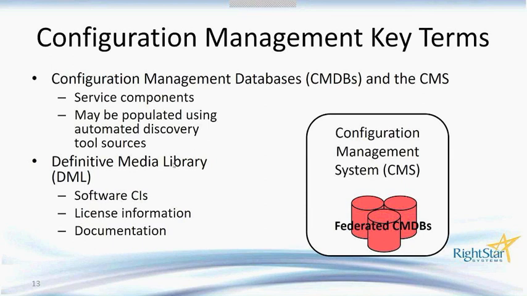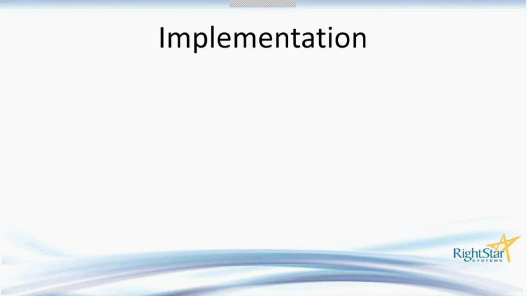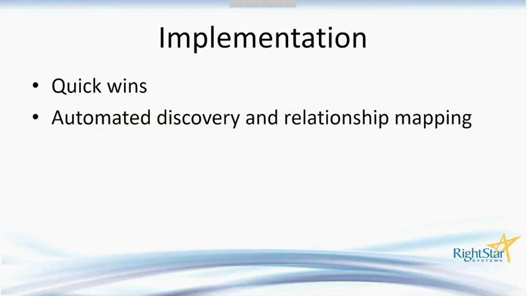So I've talked about a lot of concepts and theories and methodologies. What do we do now if we want to actually implement configuration management in a way that is both conforming to our ITIL framework, but at the same time employs Agile methodologies? So I would say we want to focus on quick wins.